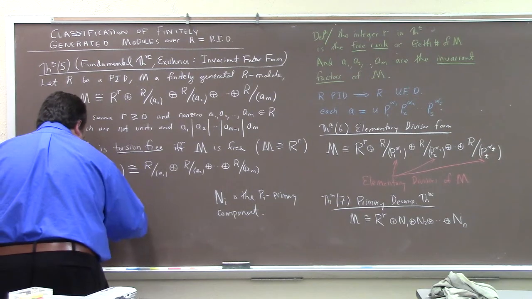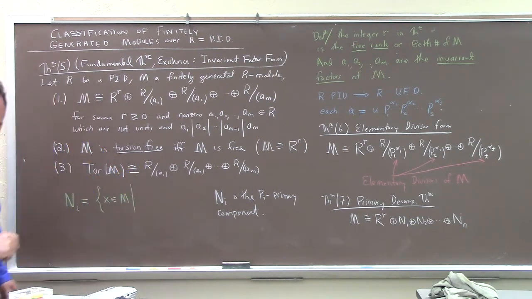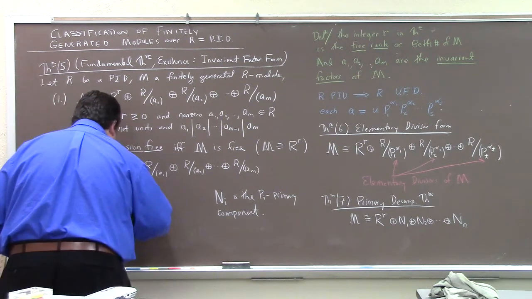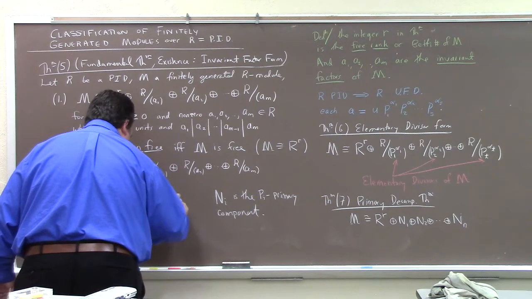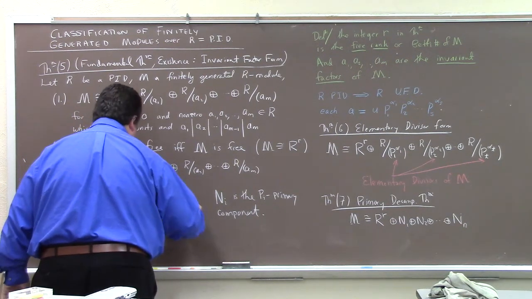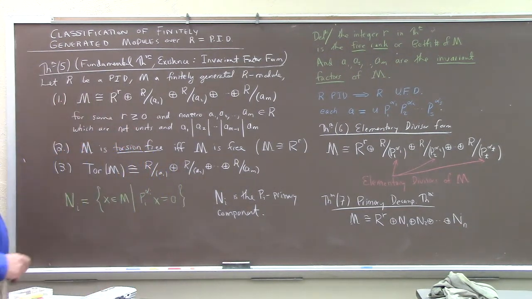The x in M such that p_i to the alpha_i times x equals 0. And I believe here, allowing alpha to be whatever power, oh, excuse me, my bad. What is alpha? The p_i and alpha_i is significant.